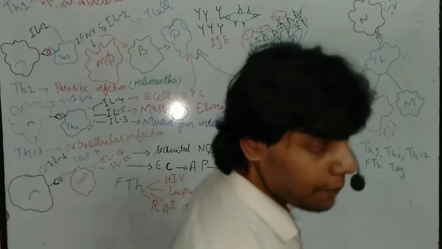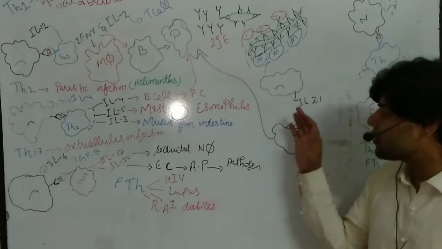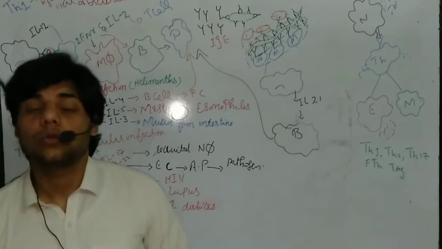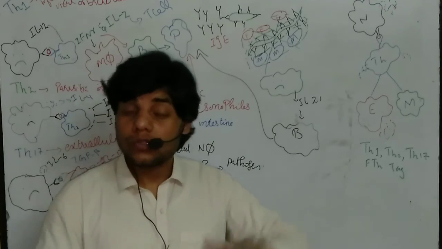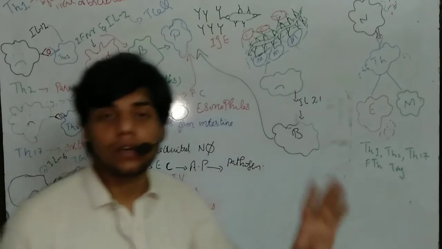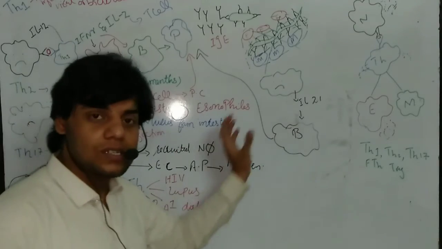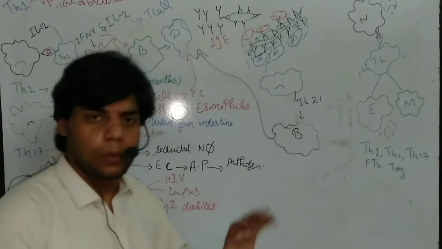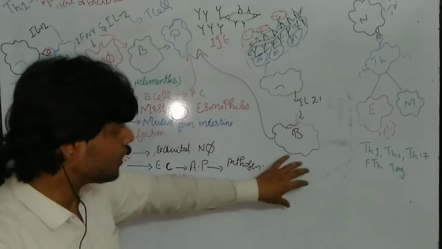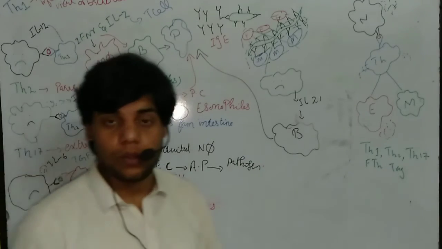But normally what happens? This interleukin 21 will actually guide the B cell to secrete antibody. To secrete what kind of antibody? Those antibodies which are needed by the body of the human or the organism. So if this is a parasitic infection, then it will secrete IgE antibody.